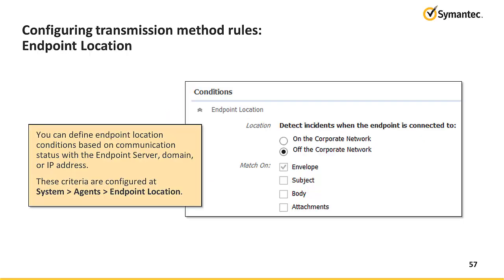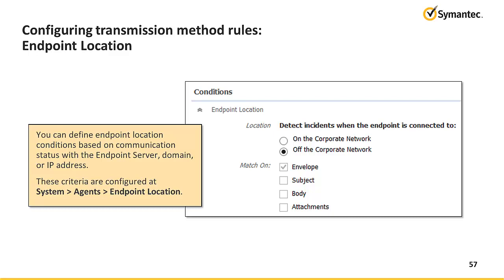In this way, the device metadata allows for only trusted devices to be allowed to carry company data. The endpoint location parameter defines how the system determines whether the endpoint computer is connected to the corporate network. There are two methods for determining whether an endpoint device is on or off the network: automatic and manual. With the automatic method, Symantec DLP identifies the endpoint as being on the network if the DLP agent is connected to the endpoint server, and conversely, not being on the network if the DLP agent is disconnected from the endpoint server.